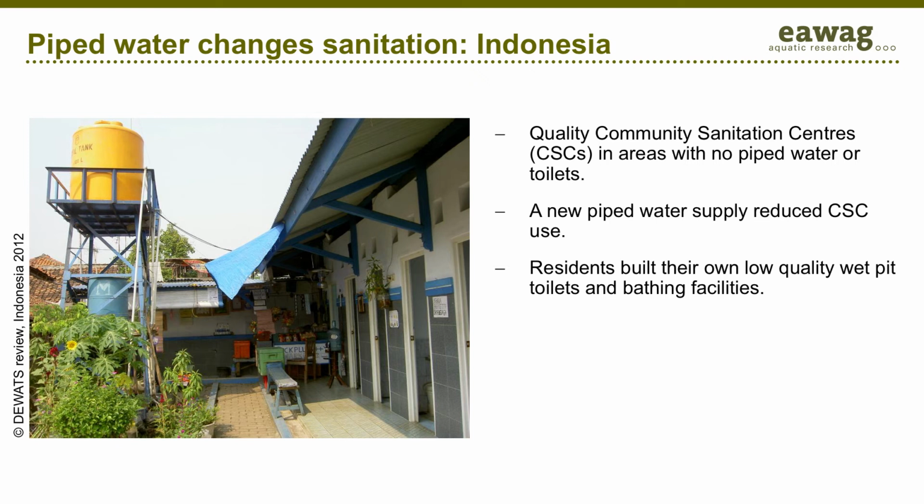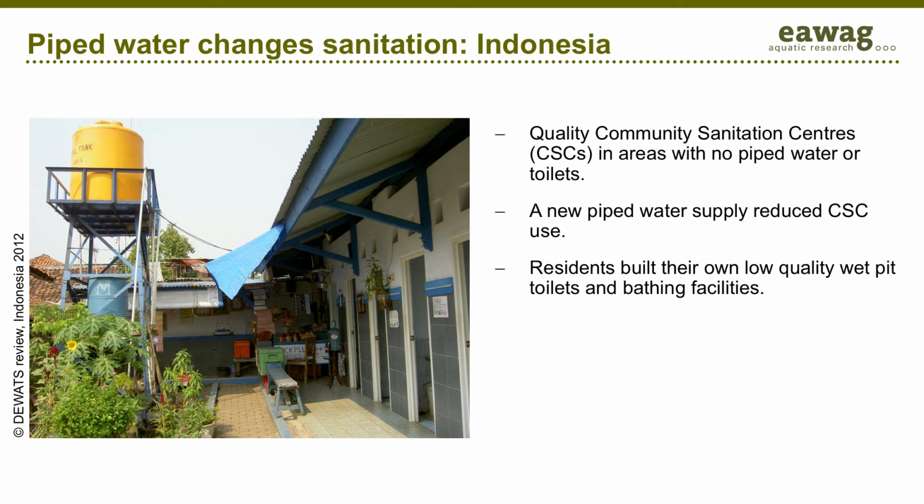This second example from Indonesia shows the effect of on-plot water supply on community sanitation services serving low-income neighborhoods. The development of a new piped water supply reduced the use of community sanitation centers to about a third.